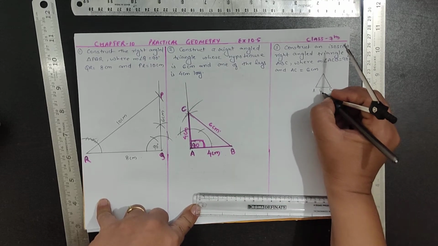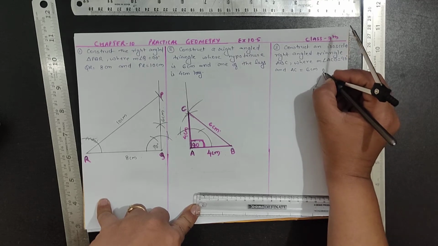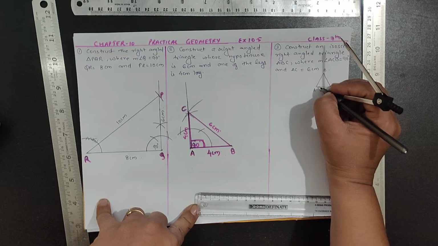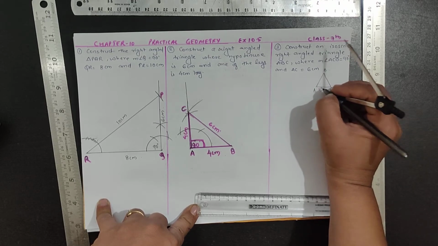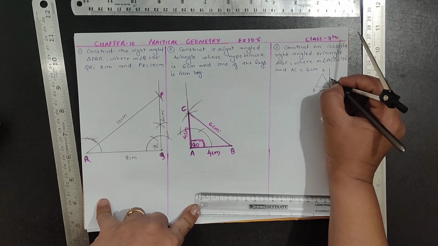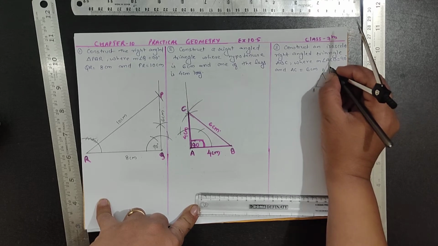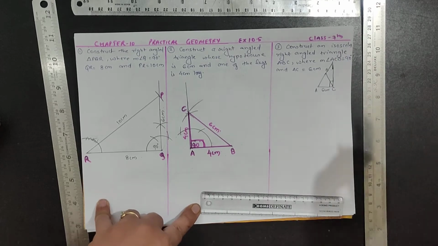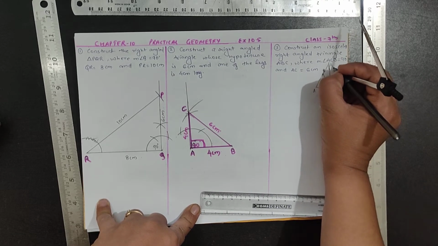So AC 6 centimeter, so B should be here. Angle C is 90 degree here. This should be C 90 degree and this should be your B.